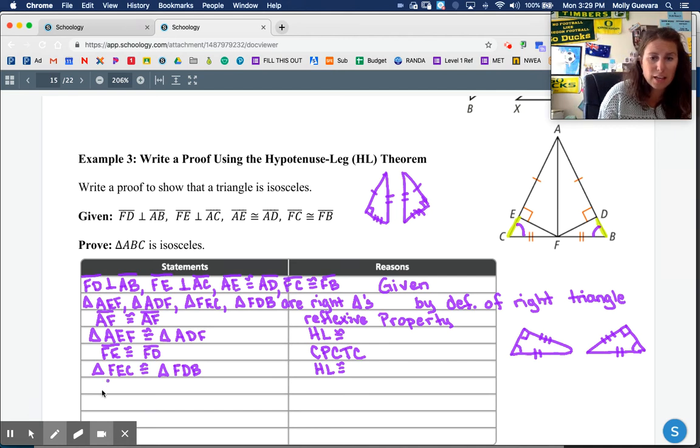So I can say that angle C is congruent to angle B. And really what we should say is angle ACB is congruent to angle ABC.